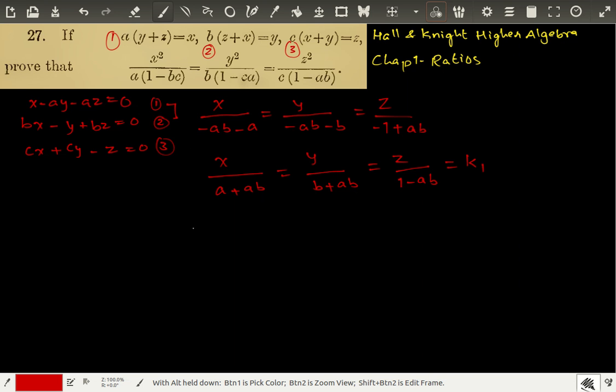So from 2 and 3, we get x over 1 minus bc is equal to y over bc minus b.